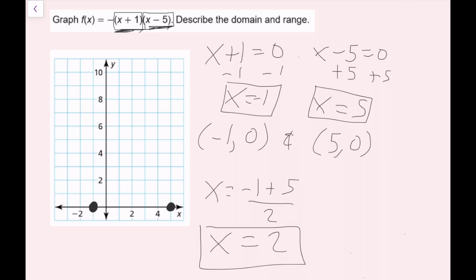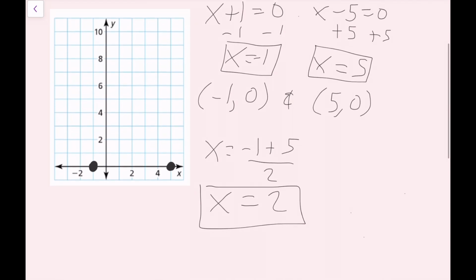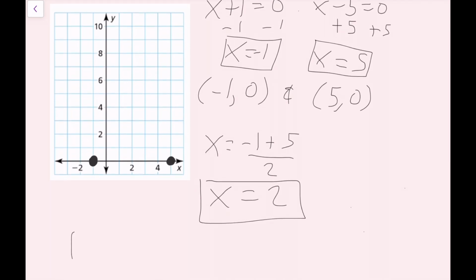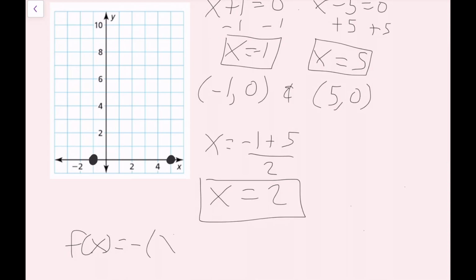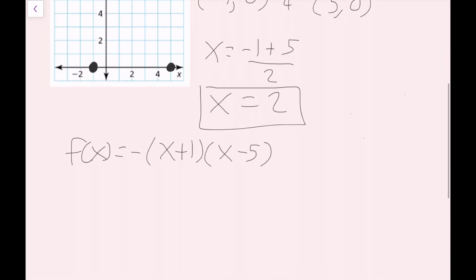Okay, so our function is f of x equals negative, parentheses, x plus 1 times x minus 5. So what I want to do here is find f of 2, because we know 2 is our x component of the vertex.